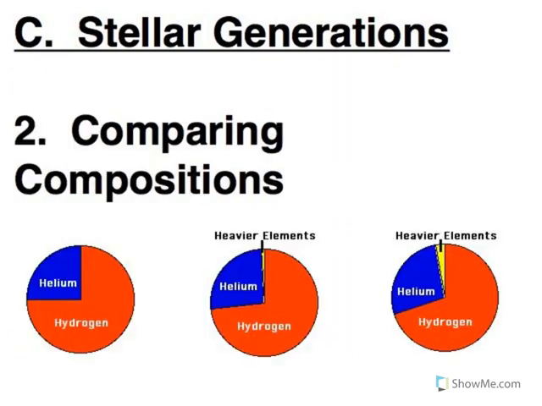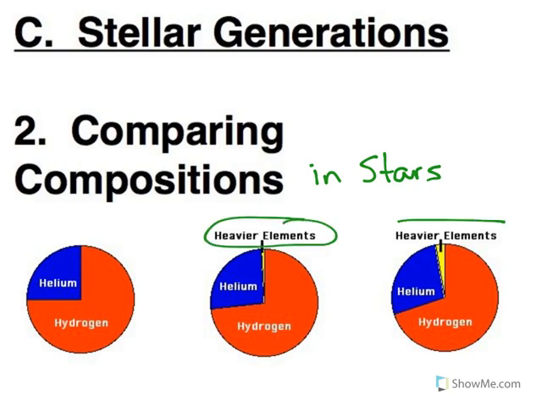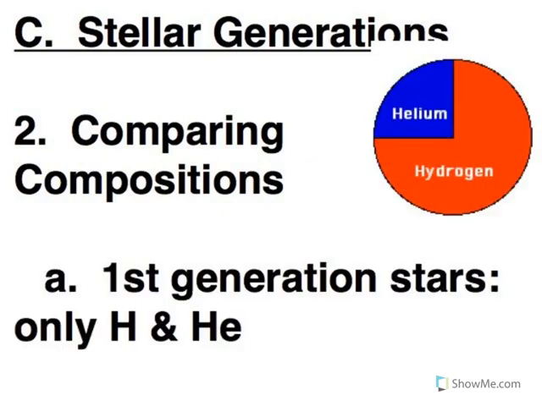So when we look at stars, we can look at their compositions to get an idea of how many generations came before them, because that's going to dictate the amount of heavy elements that make up the star. So first generation stars, these were the first to form.